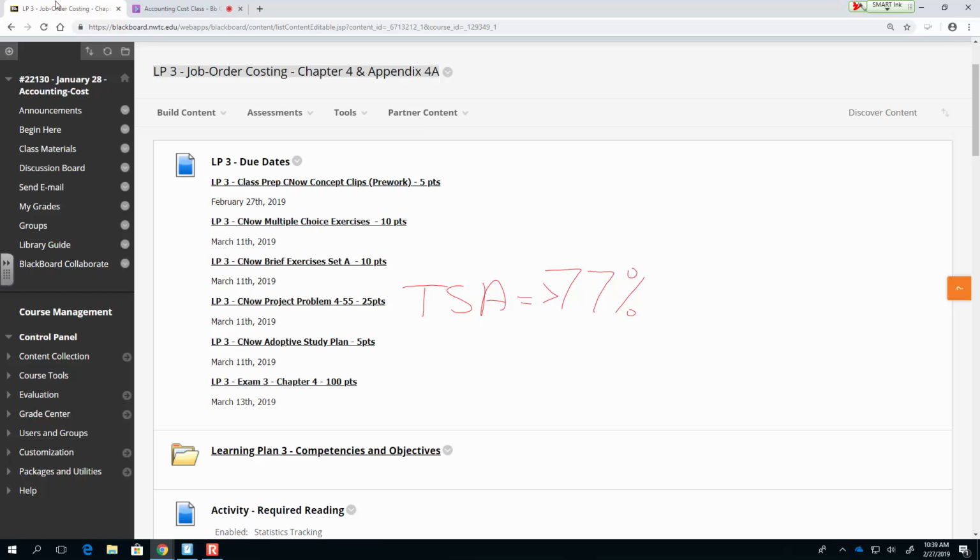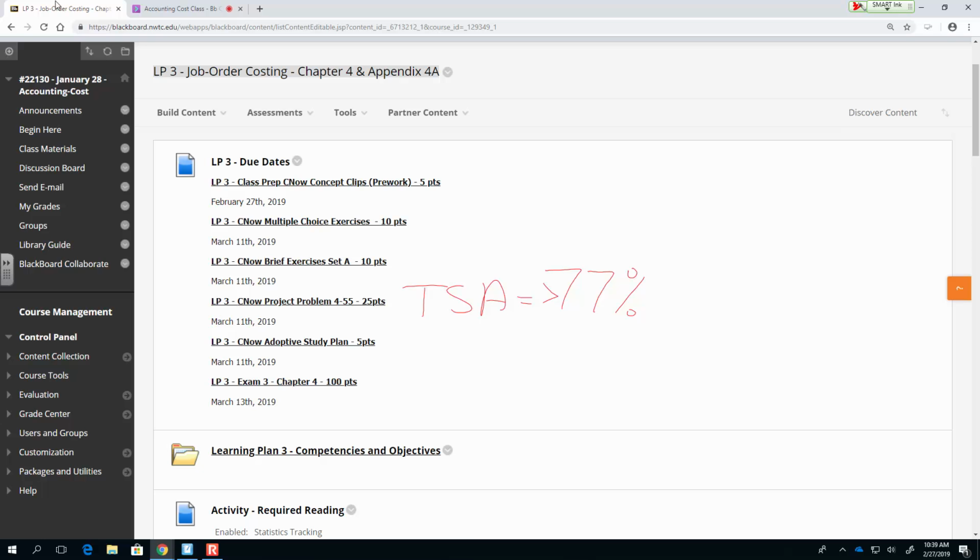Cost has 4 TSA style problems in it. Because again, when you graduate, we have to prove that you understand what job order costing is about. It's just a state requirement. Yes, it's a state requirement that we assess this, that we make sure our students, when they leave here, understand this concept.